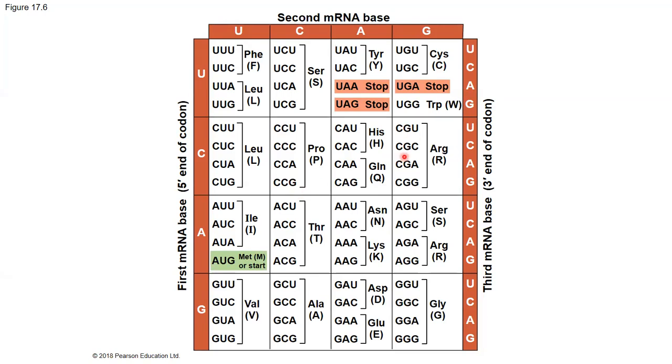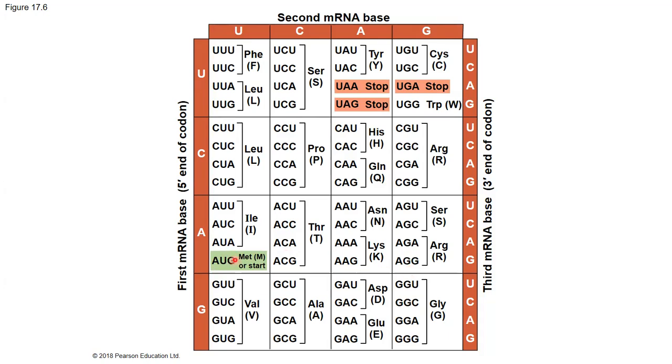And arginine, for example, is encoded by 6 codons. We have CG, CG, CG, CG, UCCA, but also AGA and AGG. Okay, so some amino acids are encoded by 2 codons, some by 4, and some by 6, and some by 1.